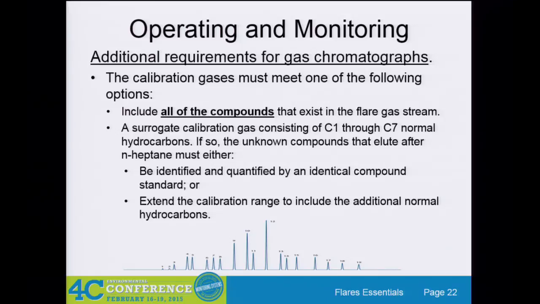One of the things with this rule, just by seeing how they wrote it and the things they said, is that they wrote this rule for people to use GCs to comply with the rule. I don't necessarily agree with that, because it's good, but it's not the best.